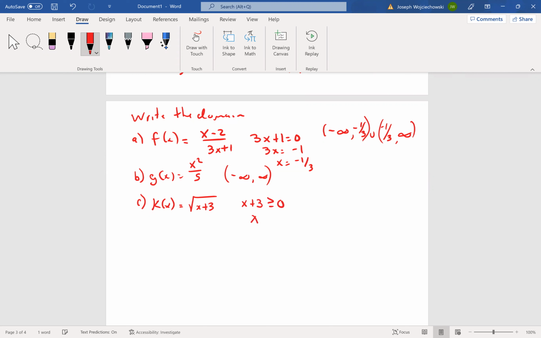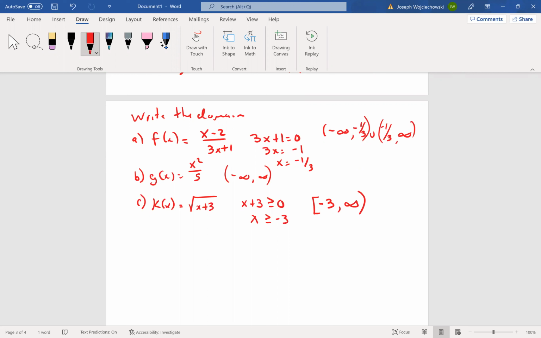So here we just simply subtract 3, and that's how we can restrict the domain so that this can still be a function. So my lowest number, since x is greater than or equal to negative 3, is negative 3, and it's equal, so we include it, and it goes all the way to infinity.